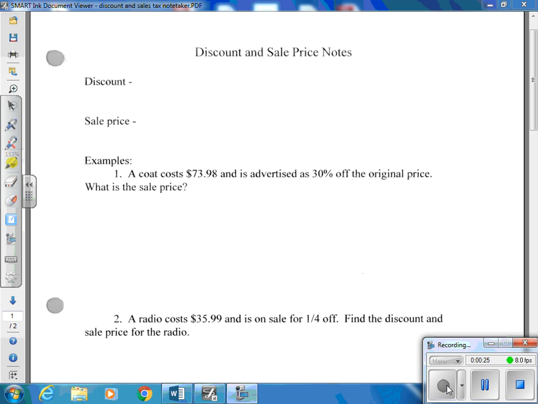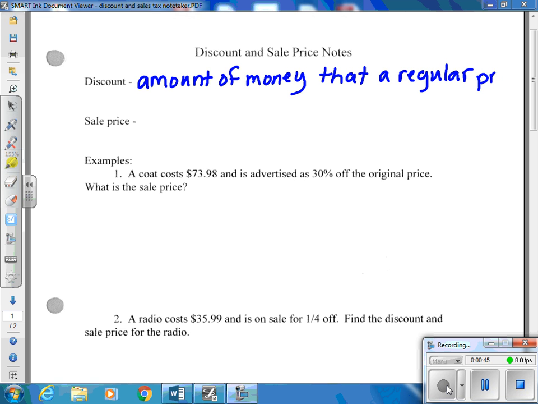to the other side. All right, so the first thing we need to do is define what these two words mean, because you have to know what it's asking for before you can officially calculate it. The discount is the amount of money that a regular priced item is reduced by.